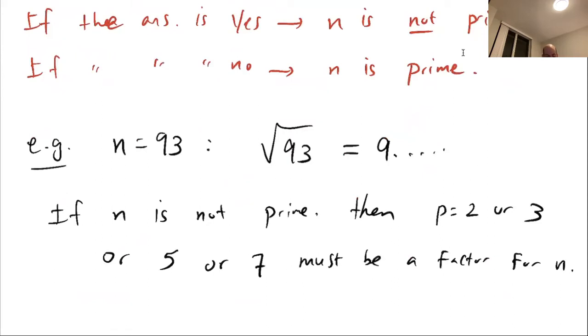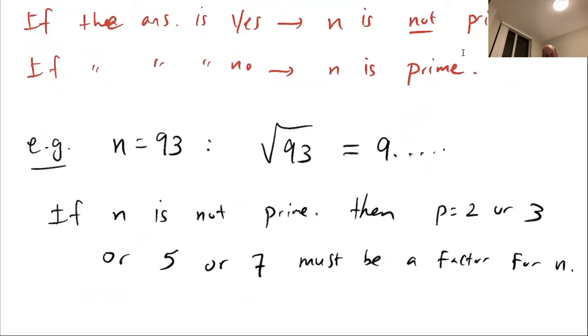So if n is not prime, at least one of 2, 3, 5 or 7 must divide n. But do they? Well, this is now very easy to check. So instead of checking 92 numbers, whether they are a factor for 93 or no, I just need to check 4 numbers: 2, 3, 5, and 7.